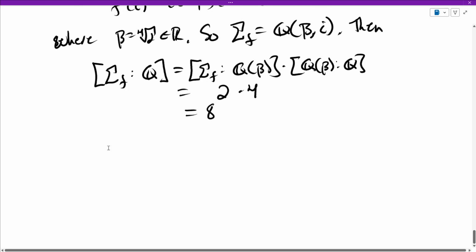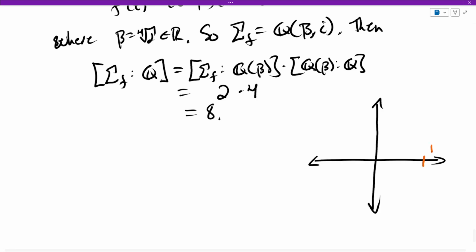So let's go in and try to find them. Before we go and look for them, let me give you a geometric picture here. The fourth root of 2 is like here, right? And the negative of the fourth root of 2 is like here. i times the fourth root of 2 is like here.